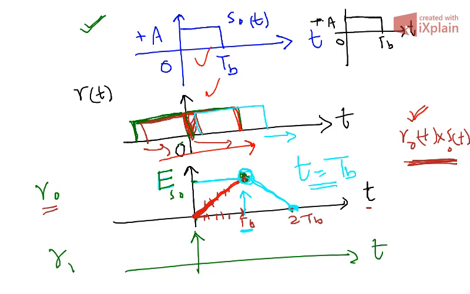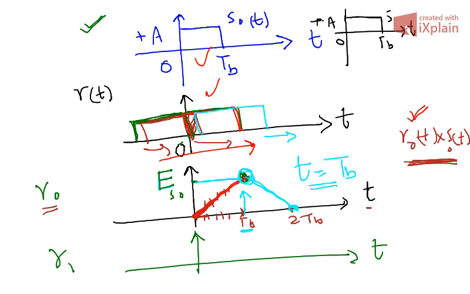This is my S0 of t, and we are multiplying it with the orthogonal signal. Sorry, let me draw it the way it is. Actually we have R0 of t.